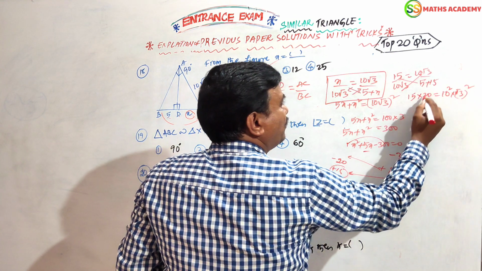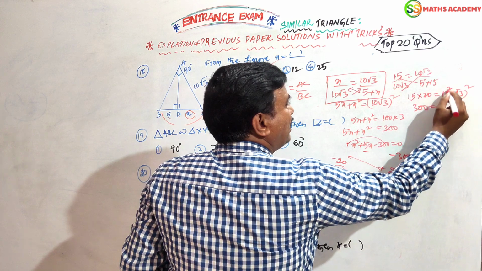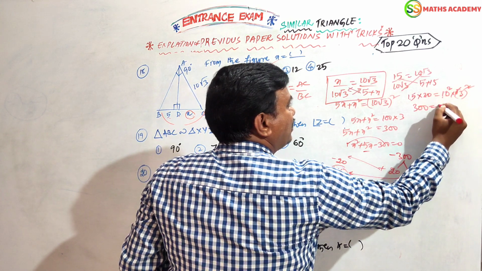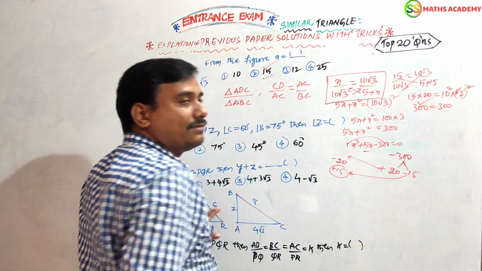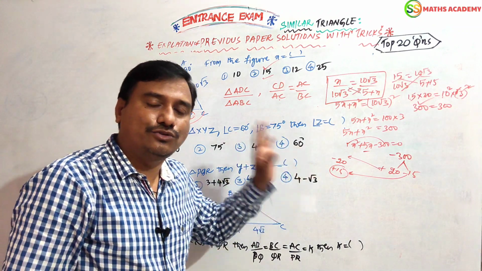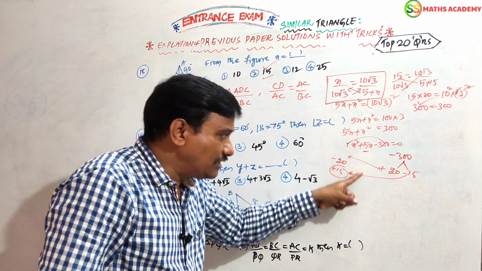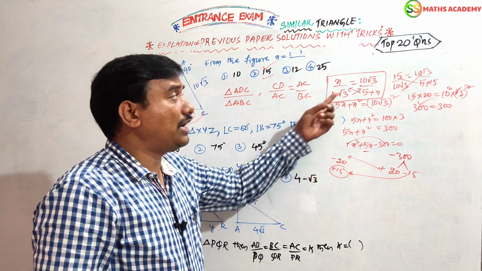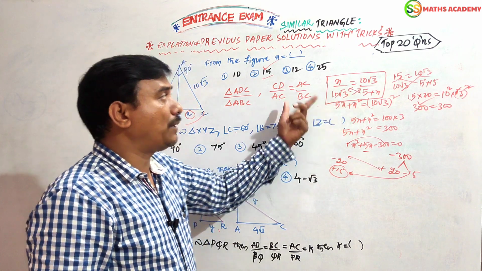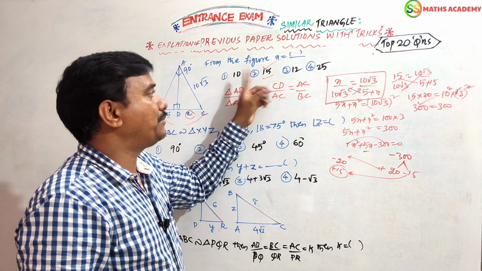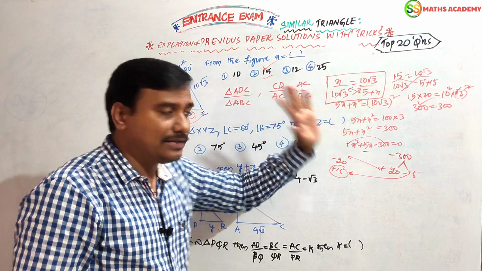You know very well, 15 into 20 is 300, and 10 square into 3, the square root cancels, 3 into 100 is 300. Easy. This is the way we have to do. If you do the quadratic equation you will get the answer. Otherwise, after getting the first step, you should apply answer to question. First option not equal, second option it is equal.